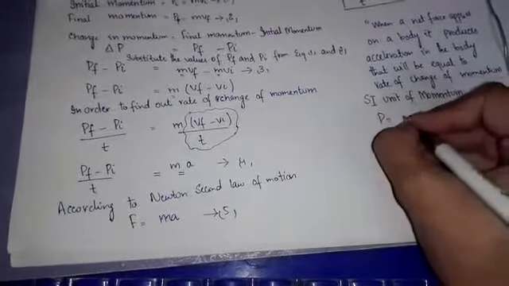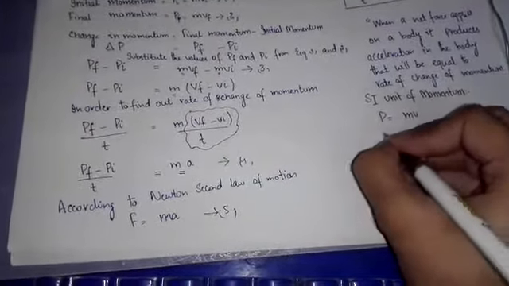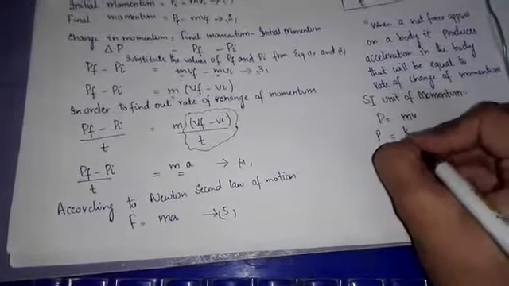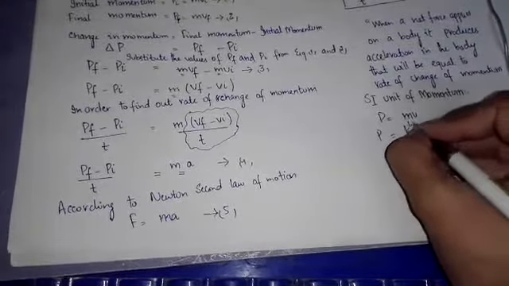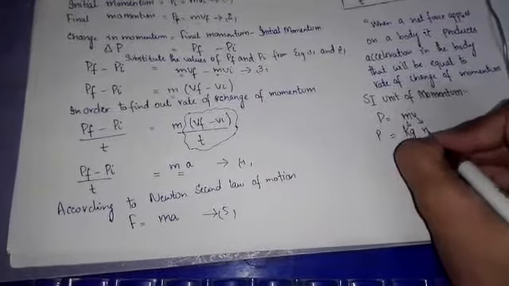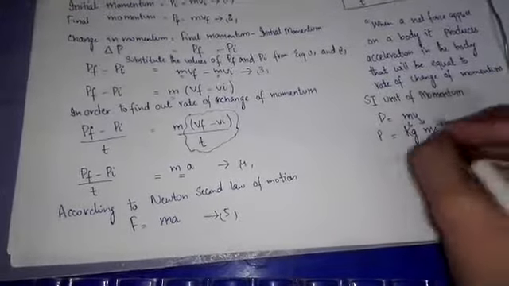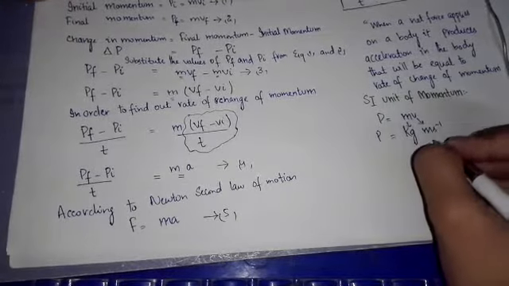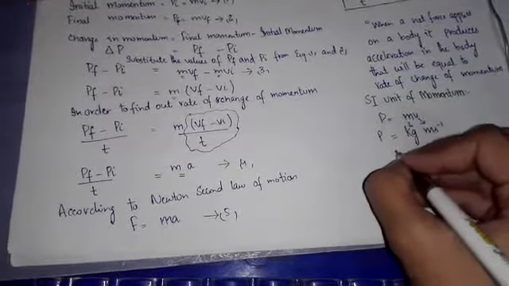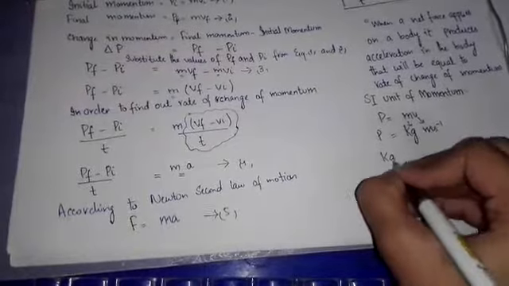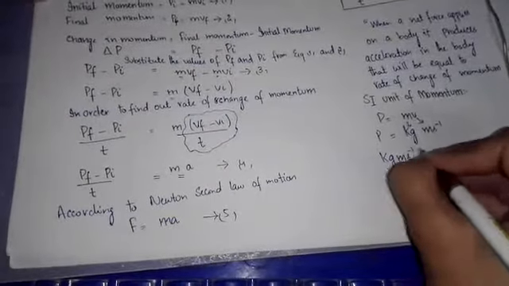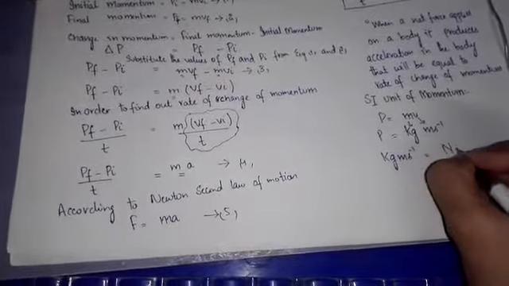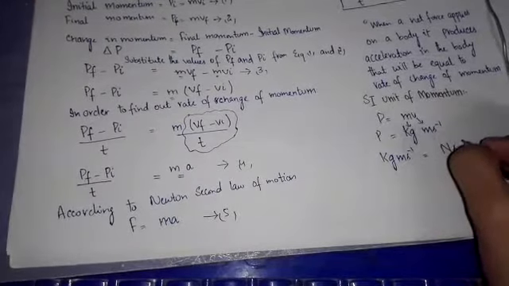From this formula, P is equal to mv. We have already found that the unit of mass is kg and the unit of velocity is meter per second, right? Kg meter per second is also equal to Newton second, right?